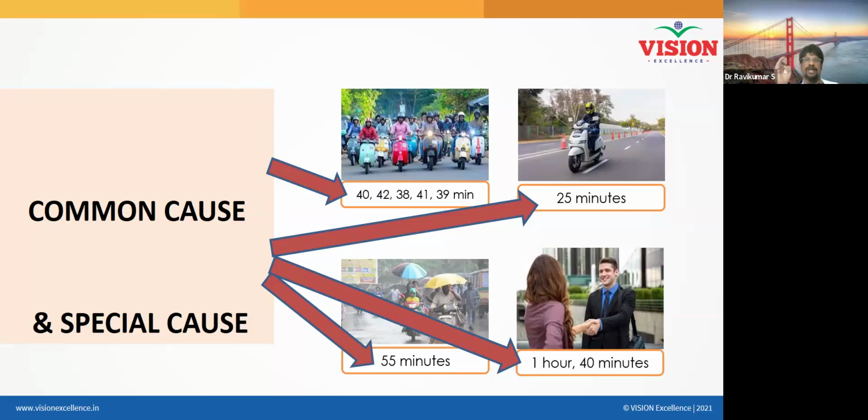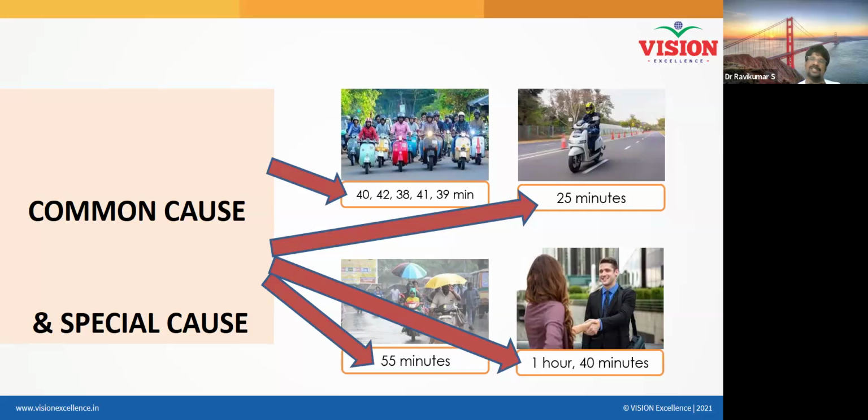That's fortunate, you can resolve it. But if you are unable to find out the reasons for the frequent occurrence of the special causes, the abnormal causes, then you have to do a Six Sigma project.